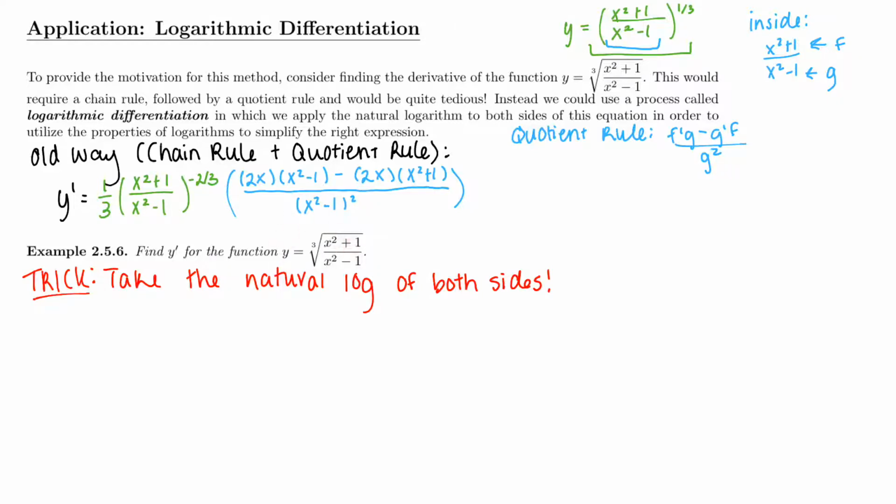So I'm taking this guy right here, and I'm taking the natural log of both sides. So I'm taking the natural log of y and the natural log of the cubed root of x squared plus 1 over x squared minus 1.